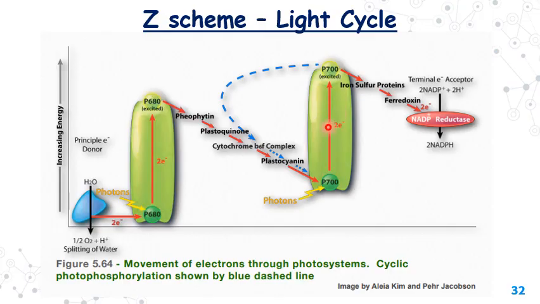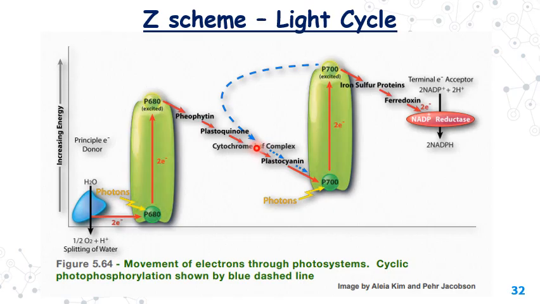Right, so this photosystem 1 over here can receive energy from the sun, excite the electron, and then instead of making NADPH, this system can donate the electrons back to plastoquinone and to the cytochrome B6F complex in order to make ATP. Okay, so this guy is photosystem 1, right?